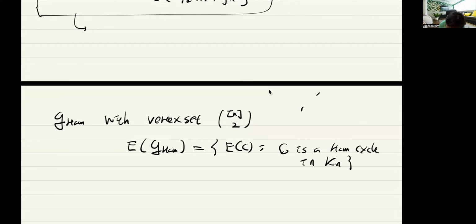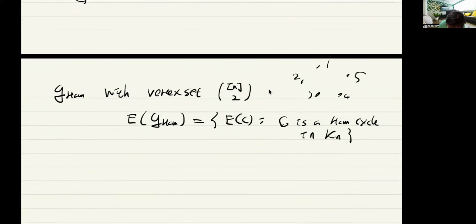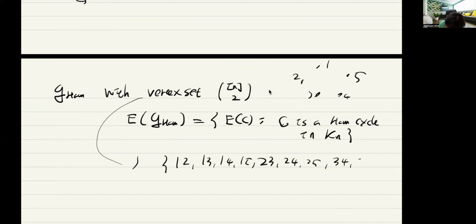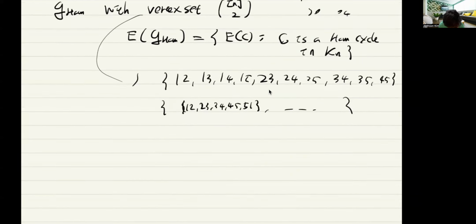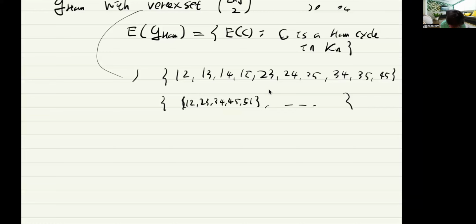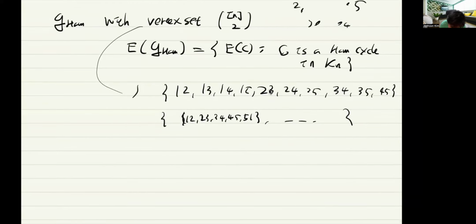So for example, you have 1, 2, 3, 4, 5, then your vertex set is 1-2, 1-3, 1-4, 1-5, 2-3, 2-4, 2-5, 3-4, 3-5, 4-5. And it contains, for example, 1-2, 2-3, 3-4, 4-5, 5-1. So that's one edge. Okay, then you have a hypergraph with edges.